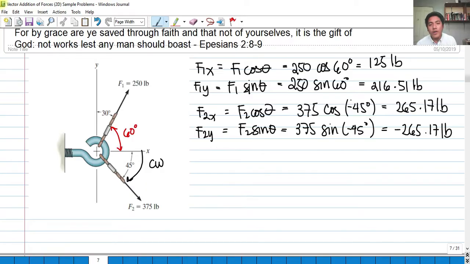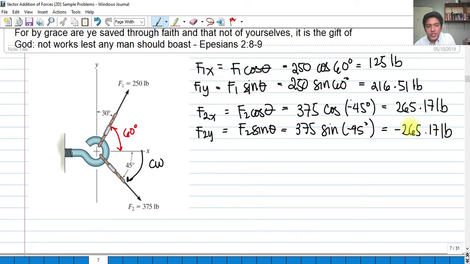As you can see here, you can use 45 degrees. It's okay if you use 375 cosine 45 degrees, but after that, you have to include whether your result is positive or negative because this F2 has a direction. If you did not include the negative, 375 sine 45 would bring you a positive 265.17, which is wrong.